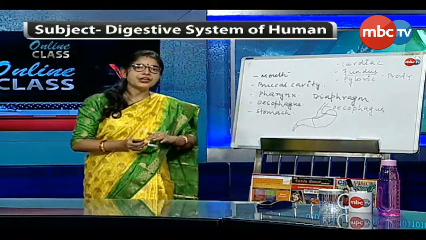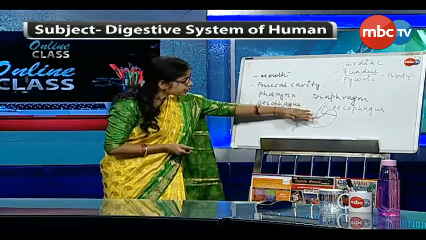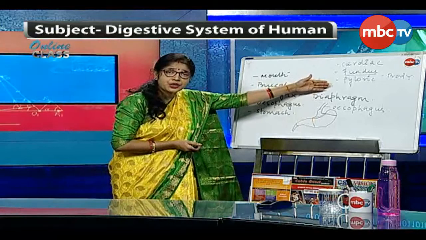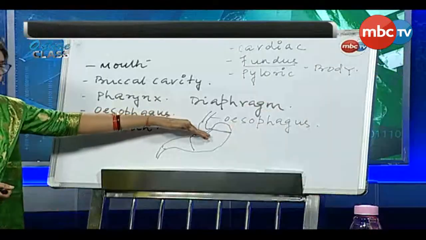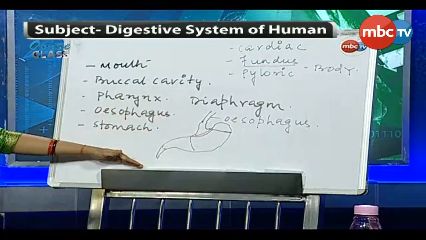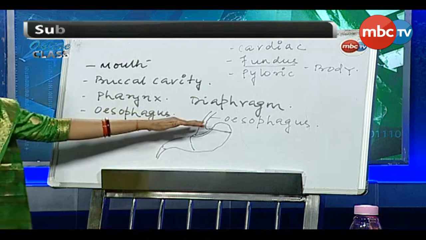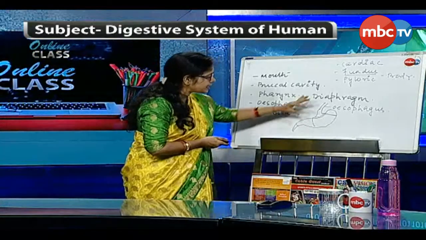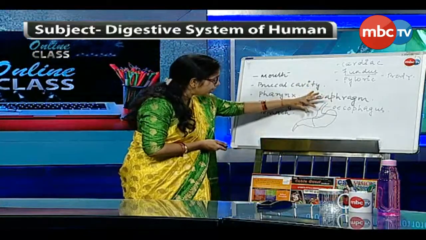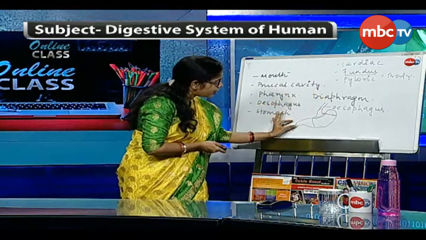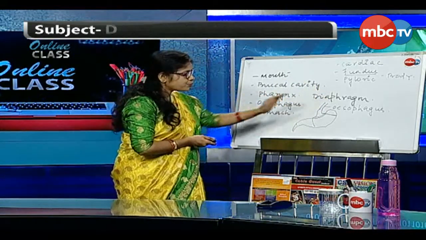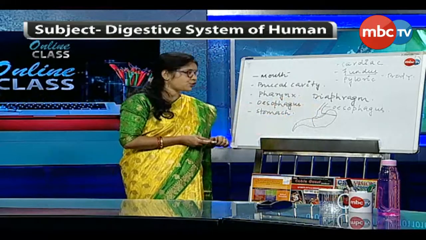As the food enters into the stomach, it is unable to return to the esophagus, and as the food enters into the small intestine, it is unable to enter into stomach again. That is because of the valves, or sphincters, known as pyloric sphincter and cardiac sphincter. So, this is about the structure of the stomach.